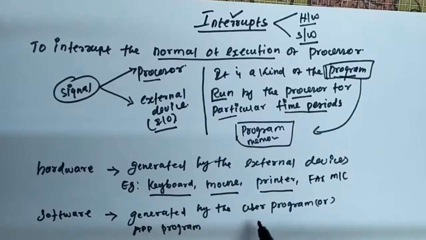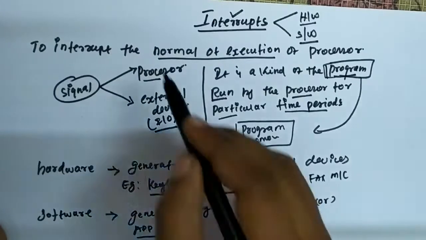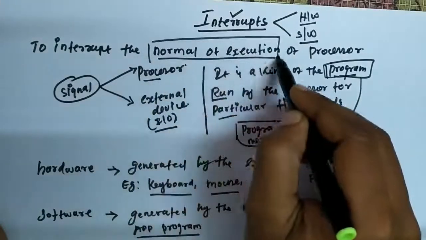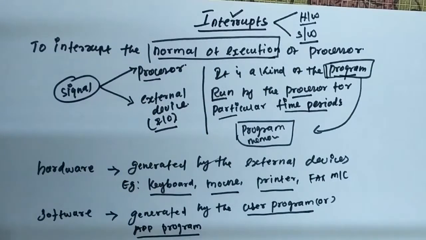When my user program or application program causes some error during execution, at that particular time the program generates an interrupt signal to interrupt the normal execution of the processor. So these are the two interrupts generally available on the processor side.